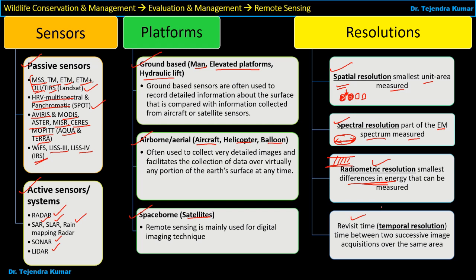Likewise, if you set 5 pictures per round, it will automatically take 5 pictures after a fixed interval of time, like 3 seconds. Similarly, here the pictures are also taken at a fixed time interval, so that is the temporal resolution.